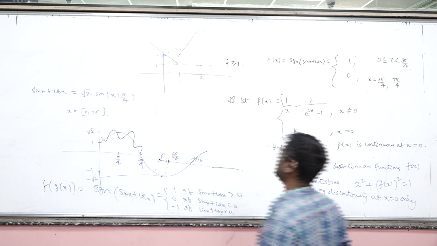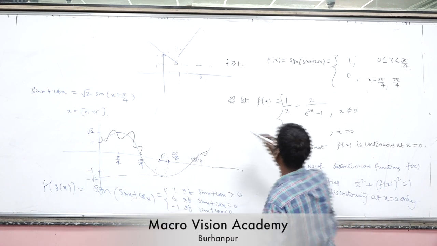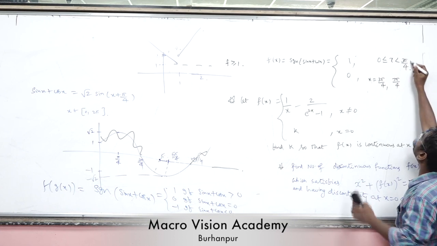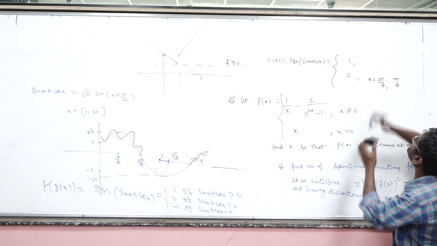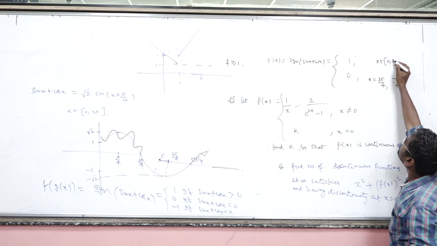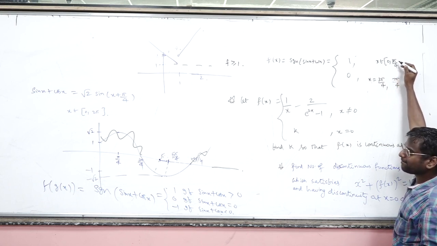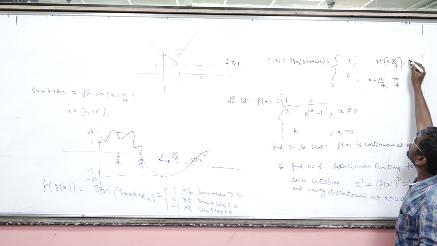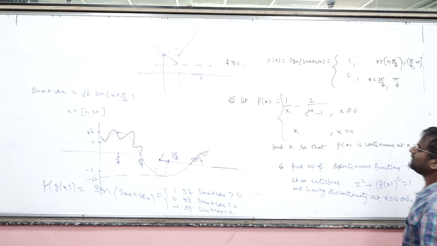Okay, so it is positive when x belongs to 0 to 3 pi by 4 union 7 pi by 4 to 2 pi closed. Alright, that is SGN function, that is 1.